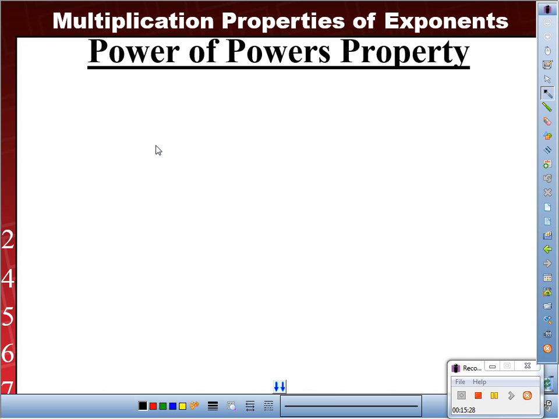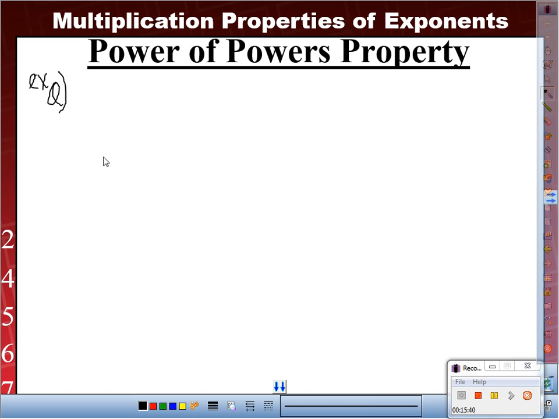Okay, and I want you to write example Q. Example Q. And then you're going to write open parentheses, 2 to the 3rd power. Get it? Raise that to the 4th power outside the parentheses.